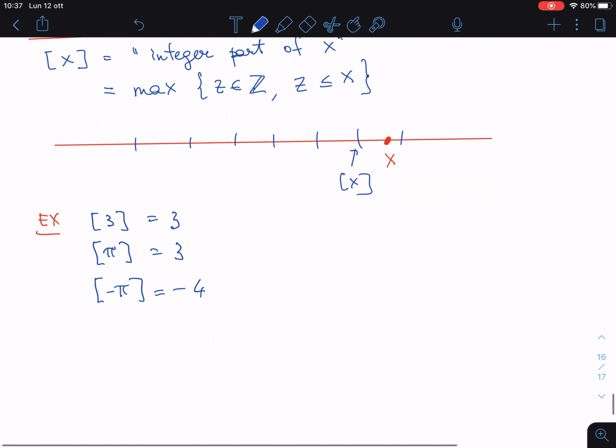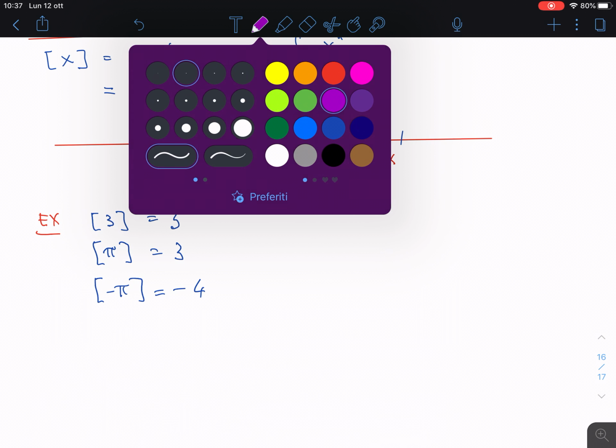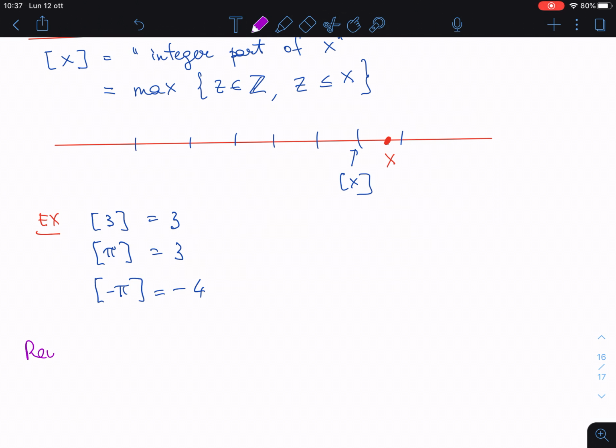An important remark on the integer part is the following. You see it from the definition here and also from the picture here. The integer part of x cannot exceed x, and x is always smaller than the integer part plus 1.